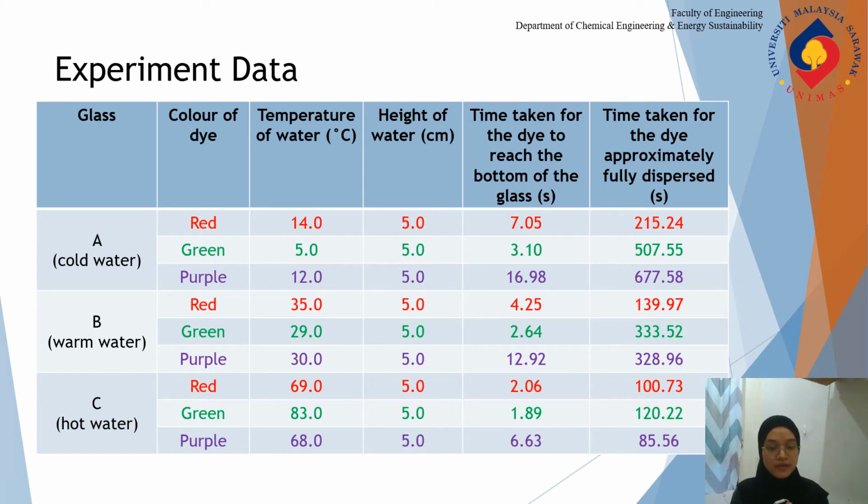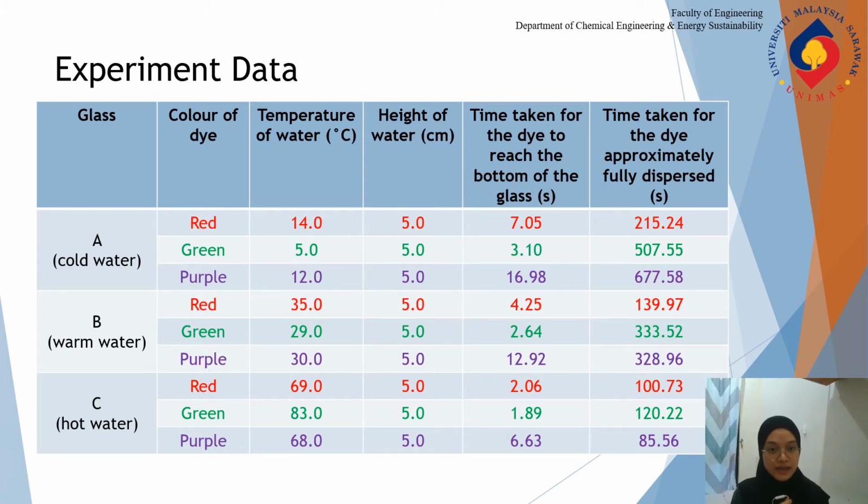For my part, I use purple dye for the experiment. So first, for glass A, the temperature of cold water is 12 degrees Celsius. Temperature for glass B, warm water, is 30 degrees Celsius. And for hot water, the temperature is 68 degrees Celsius. And the height of the water for each of the glass is constant, which is 5 cm.